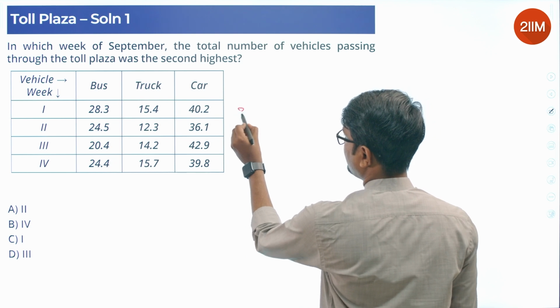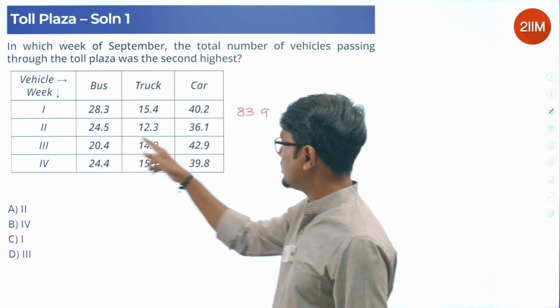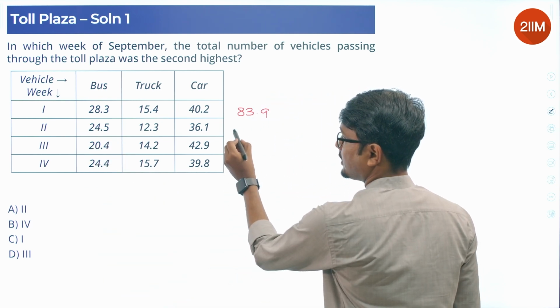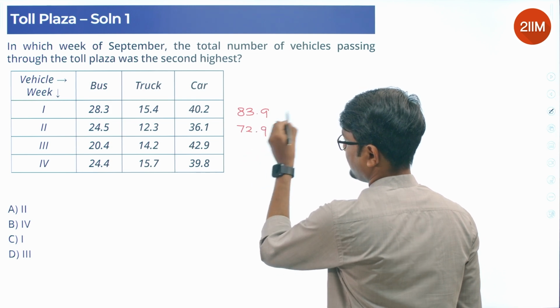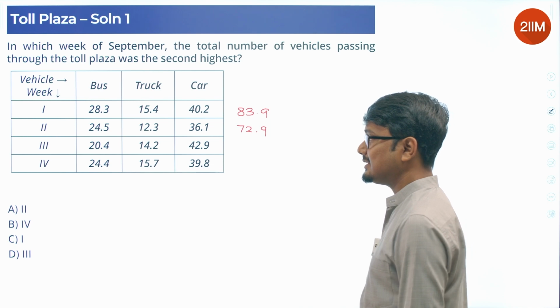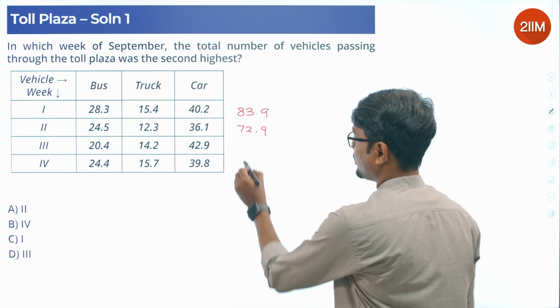83.9. Okay, so 24, 36 is 60, 72, 72.9. Then 42, 62, 76, then 77.1, 77.5.